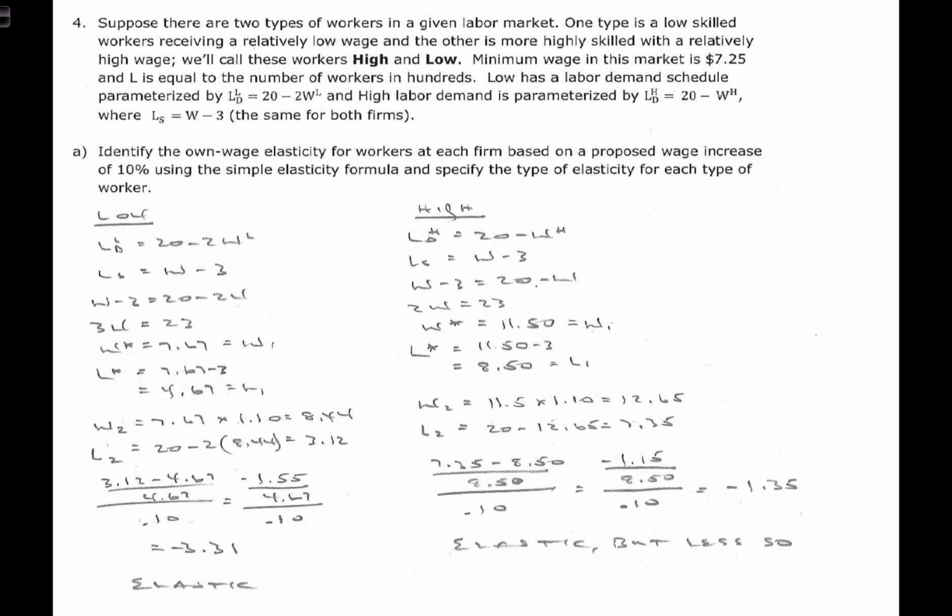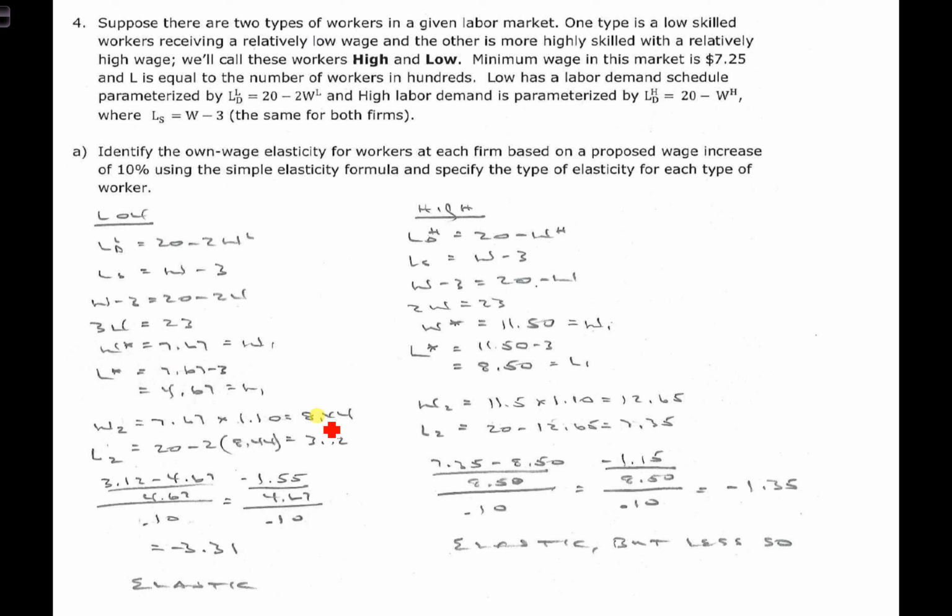Then we have to think about what is W2 and L2 for each of these types of workers to motivate an elasticity. Well, to do that, we know that there's a 10% increase in wage, so W2 is going to be W1 times 1.1, or for low, it's 8.44.